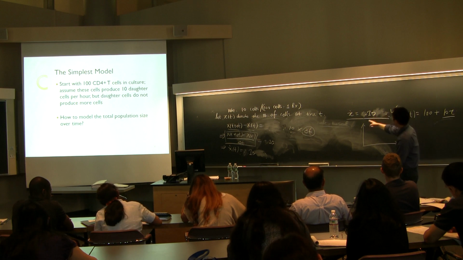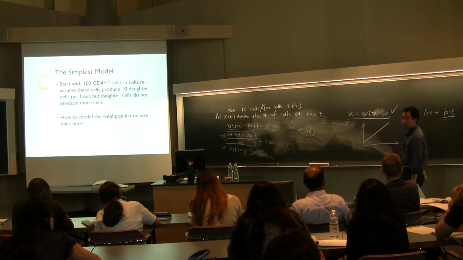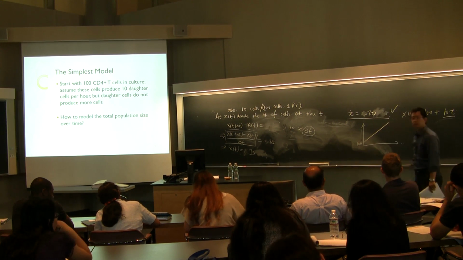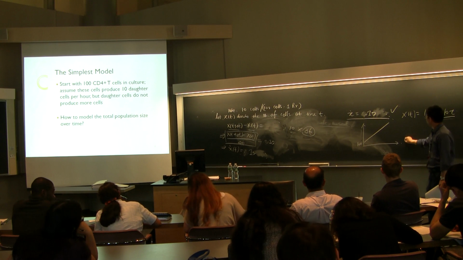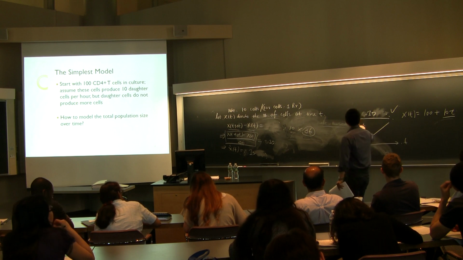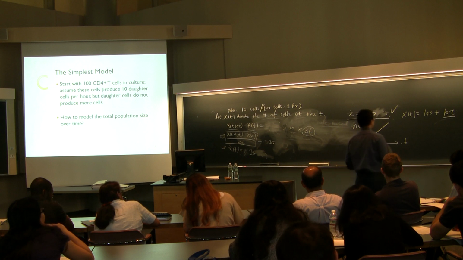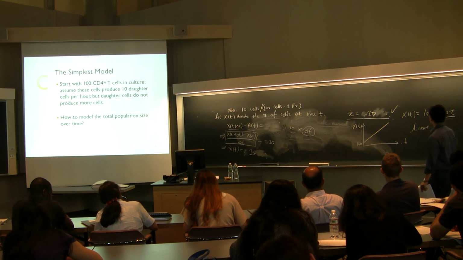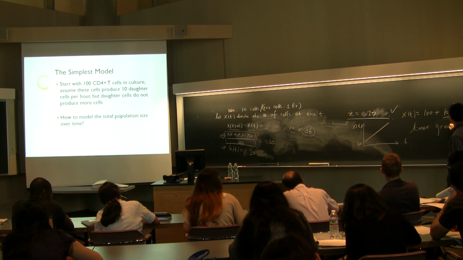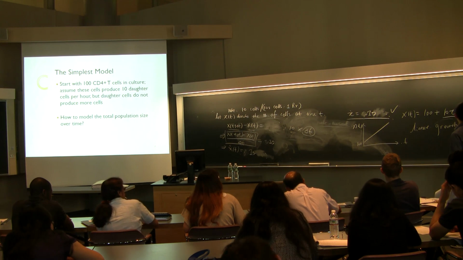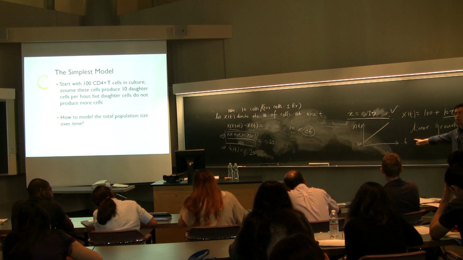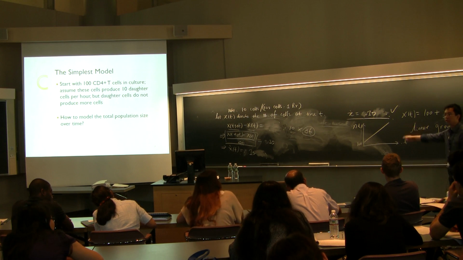So if you draw the result, you should have a straight line starting at 100, with t and xt as the axes. The reason I want to mention this model is because it has a name. It's called a linear growth model. Yesterday we talked about the exponential growth model. That's actually the next model I'm going to talk about.